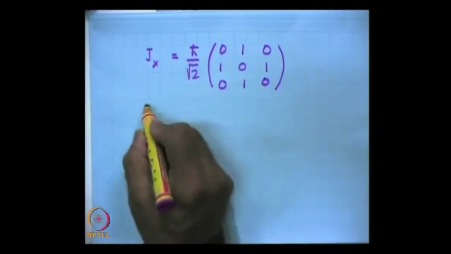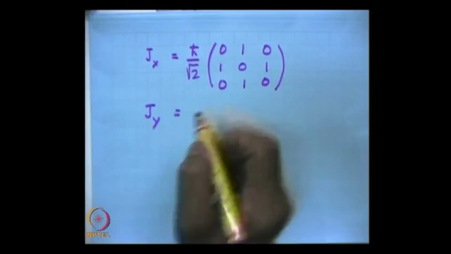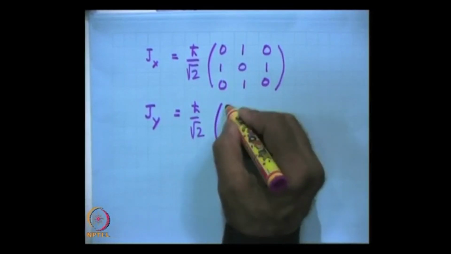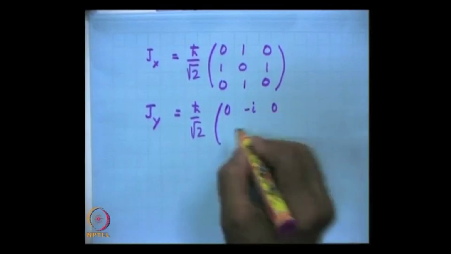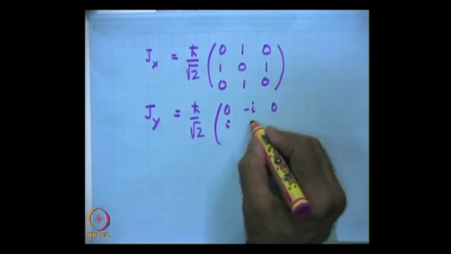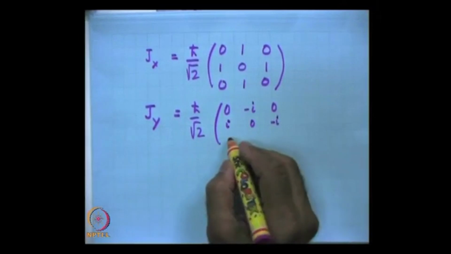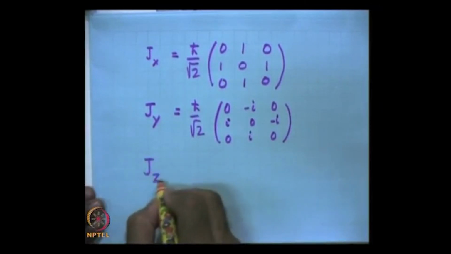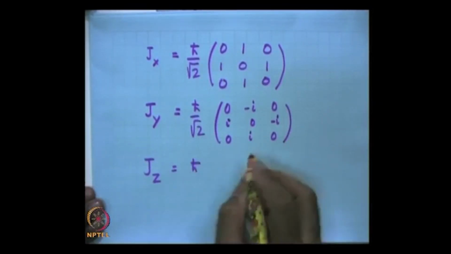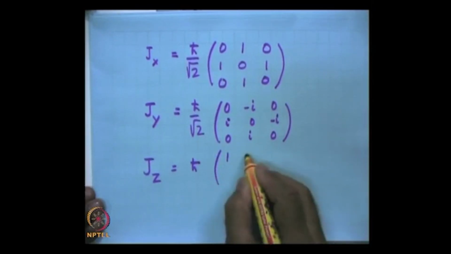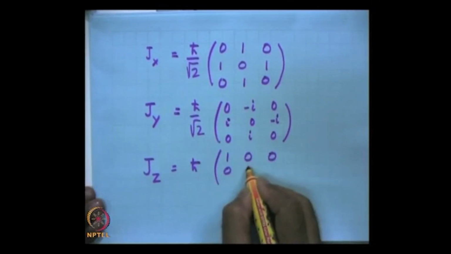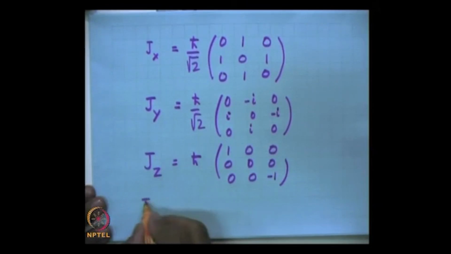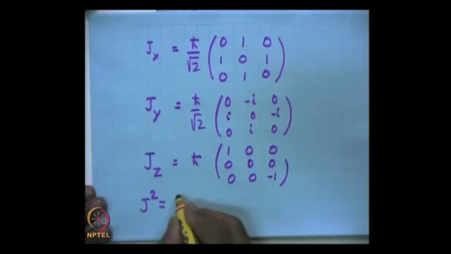All these matrices are Hermitian. J y becomes equal to h cross by root 2 times 0 minus I 0; I 0 minus I; 0 I 0, and J z is equal to h cross times 1 0 0; 0 0 0; 0 0 minus 1. And J square will be J x square plus J y square plus J z square.